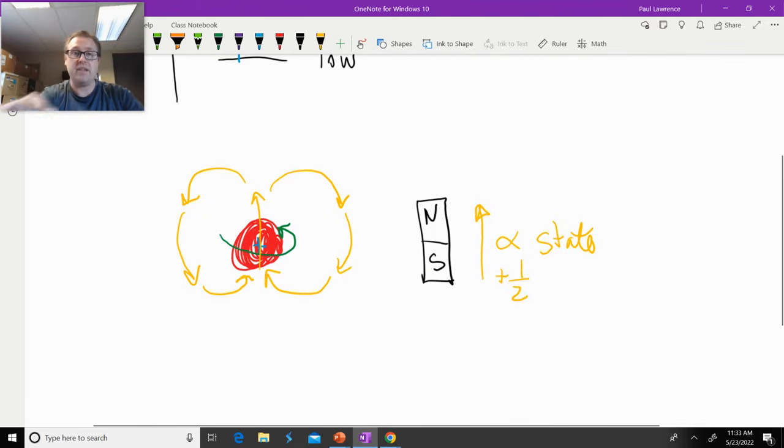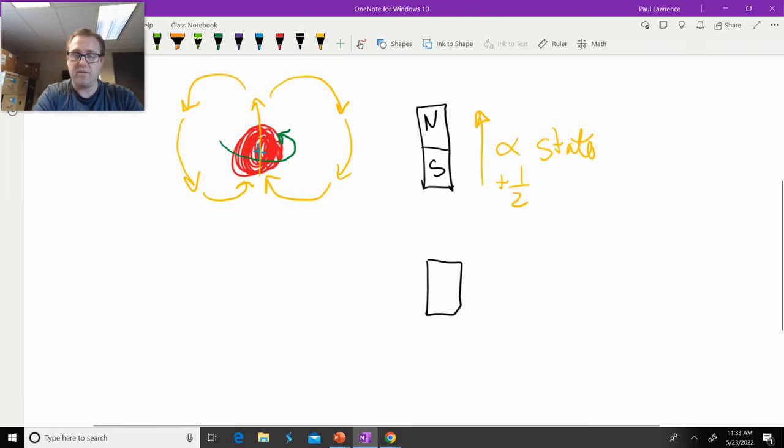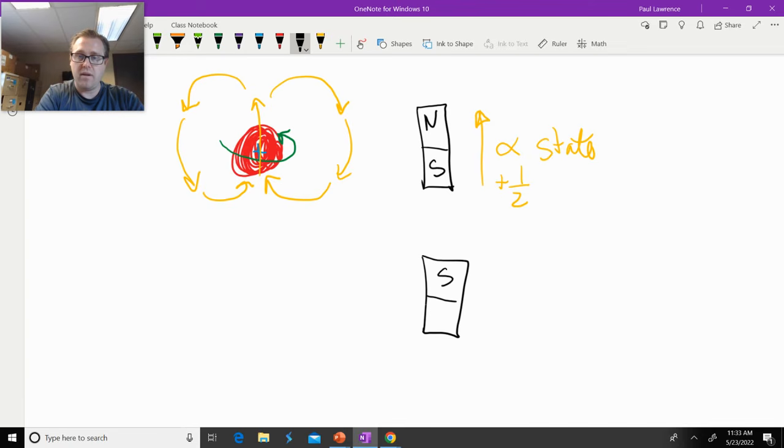In contrast, you can have another state, let's give ourselves some more room here, where it's the opposite. All right, let's draw ourselves some better arrows there. And that is called the beta state.